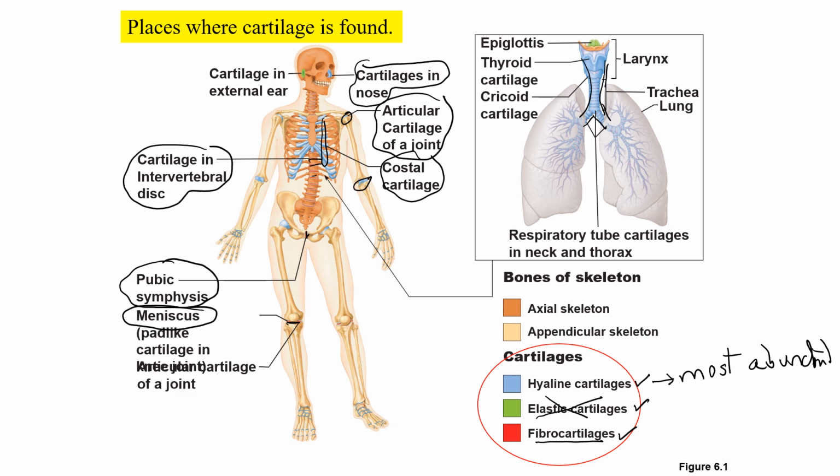So the hyaline cartilage structures associated with bone will be articular cartilage, costal cartilage, and nasal cartilage.